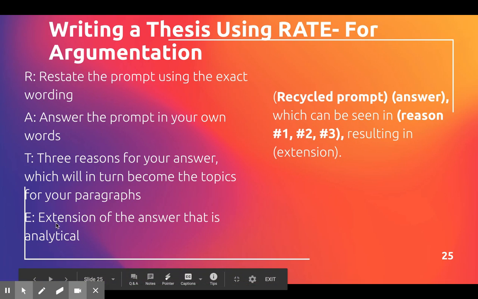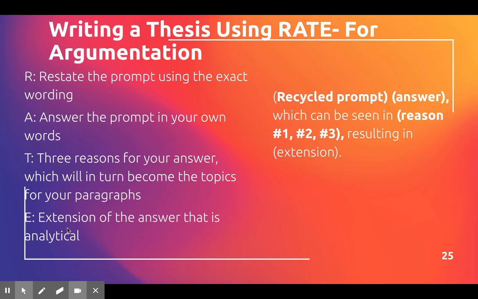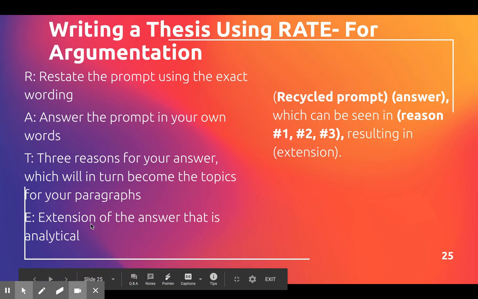And then extension. Now I have to provide analysis of why that's important. So I could say which has resulted in green essentially being the color of life because we need money to live. I don't know. And trees give us oxygen or whatever.